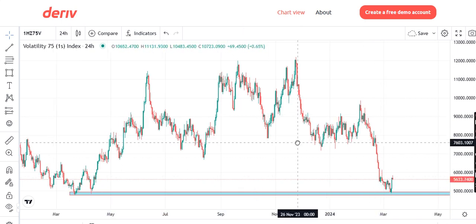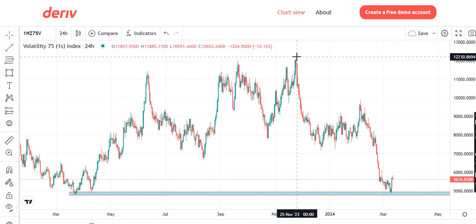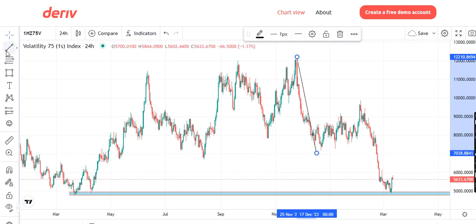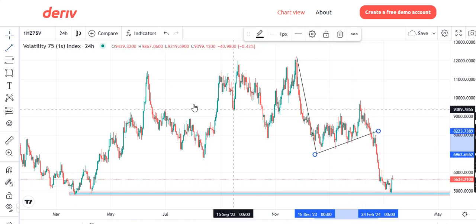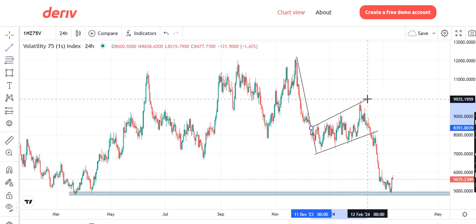So we're going to also identify the patterns that we have in the market. If you can check, guys, we had this nice impulse movement to the downside, right? And we also have this nice bearish flag pattern right here. You understand what I'm saying?